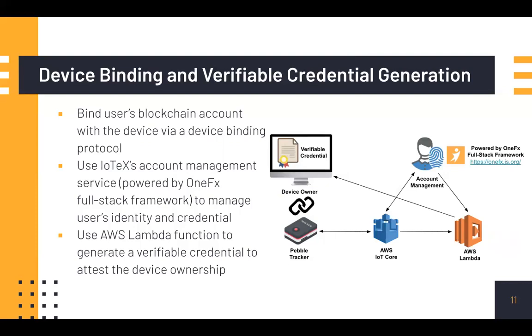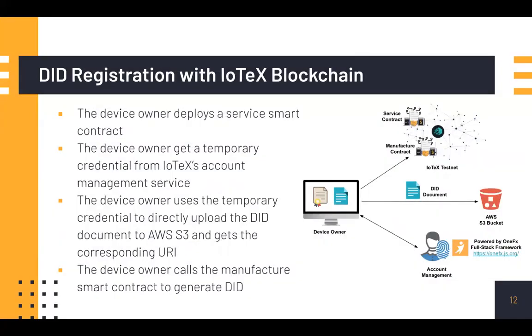Here, we also use an AWS Lambda function to generate a verifiable credential to attest the device ownership. After receiving the verifiable credentials, the user can register the device on the IoTeX blockchain.